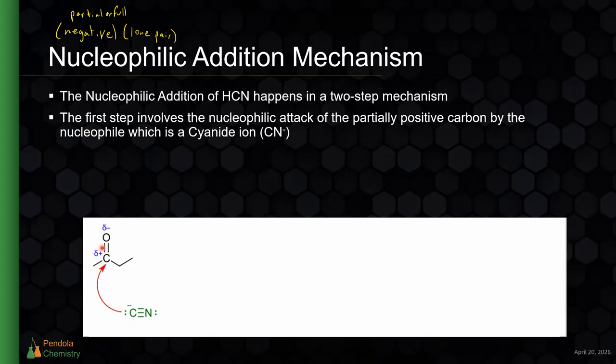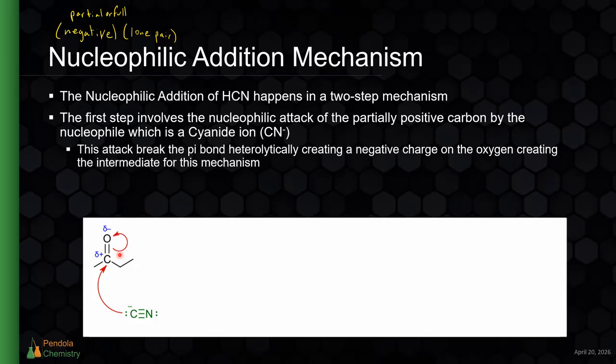And that is going to cause the pi bond in our carbon-oxygen bond, in the carbonyl bond, to break heterolytically. So the attack breaks the pi bond heterolytically, giving the 2 electrons to the oxygen, which is going to create a negative charge and therefore an intermediate.